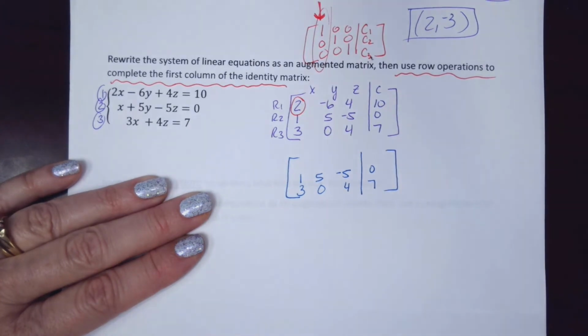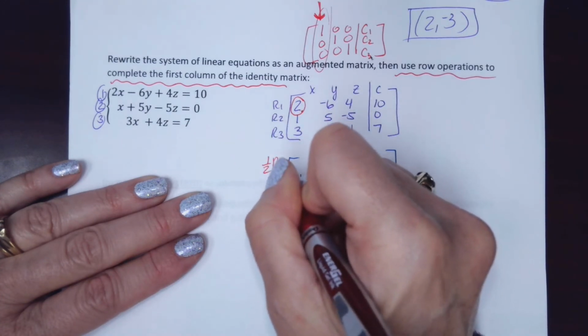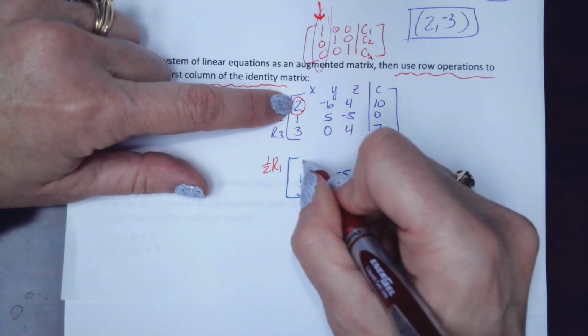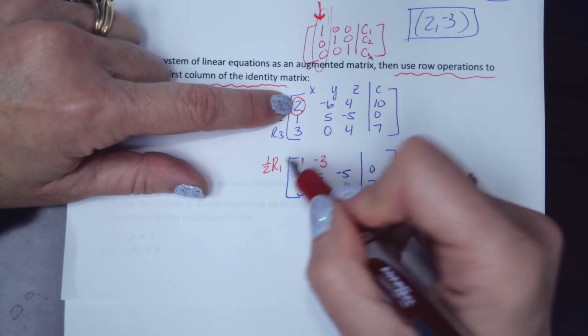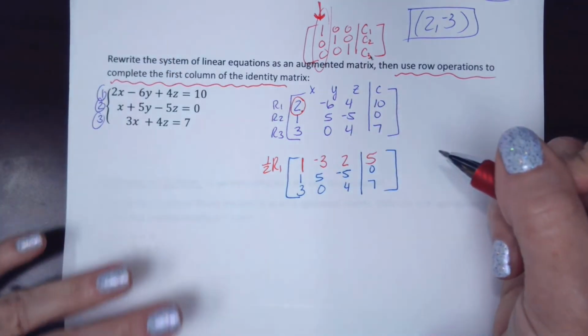All I'm changing is row 1, and I'm going to multiply row 1 by the reciprocal of that first element. So 1/2 times row 1. Well, 1/2 times 2 is 1. That was my goal. Half of -6 is -3. Half of 4 is 2. Half of 10 is 5.